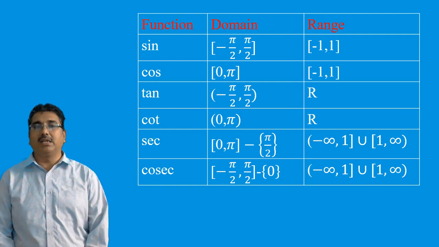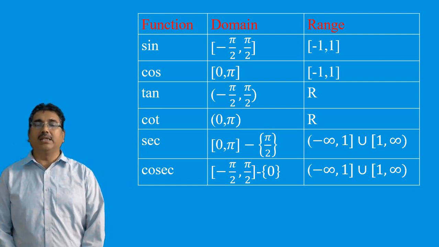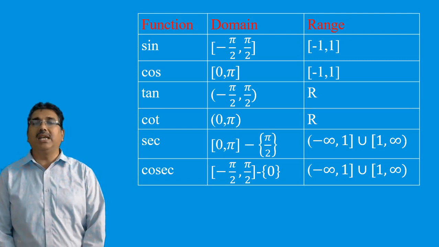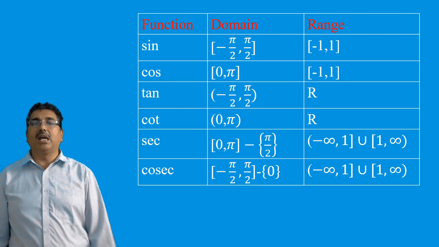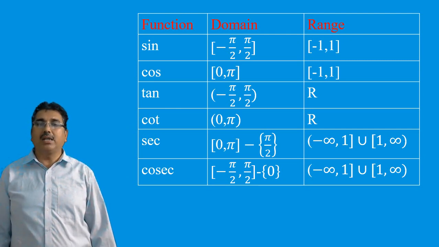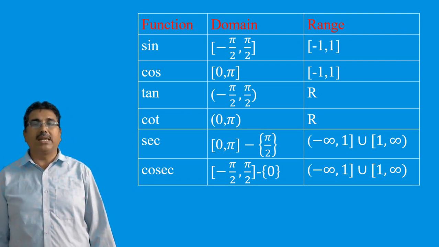Also, cosecant is not defined at x equal to 0, so 0 is deleted from the domain.